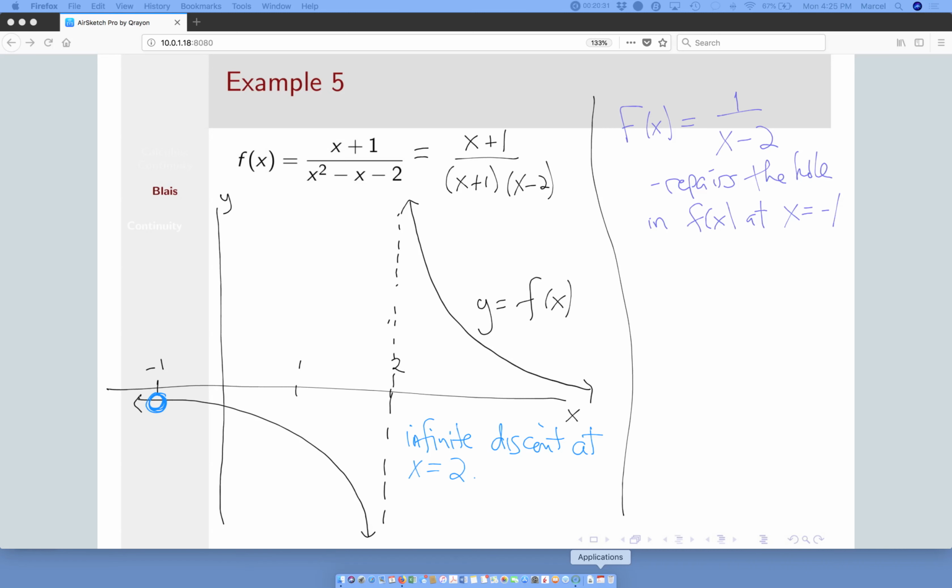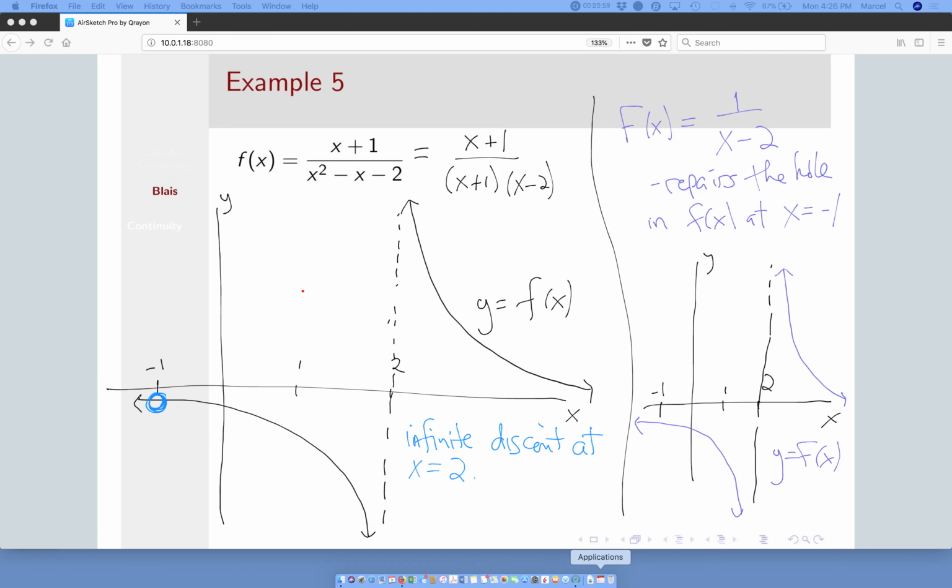If you graph this function, this function looks just like the one we just drew, just like the graph of little f, except there's no hole.